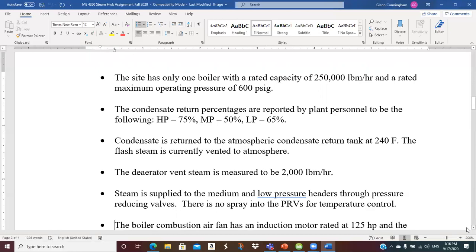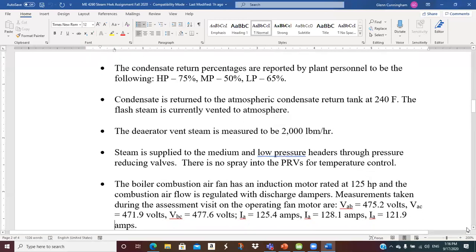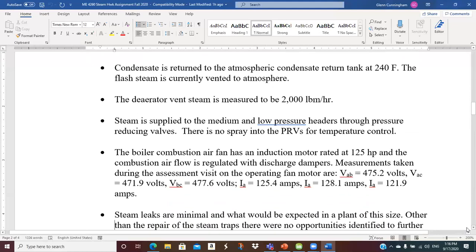The deaerator vent steam is measured to be 2,000 pounds mass an hour. Steam is supplied to the medium and low pressure headers through pressure reducing valves. We're not doing any de-superheating spray into the PRVs, so you don't have to worry about that.